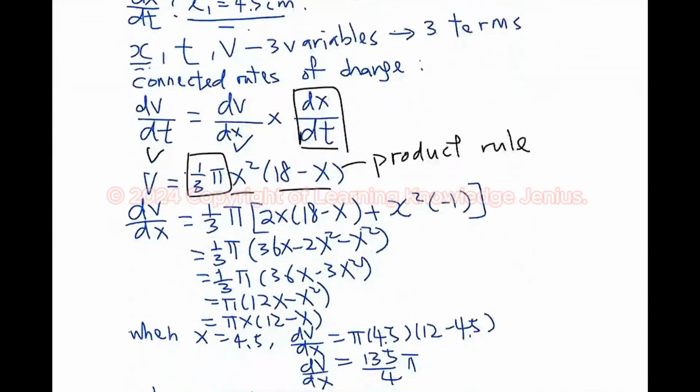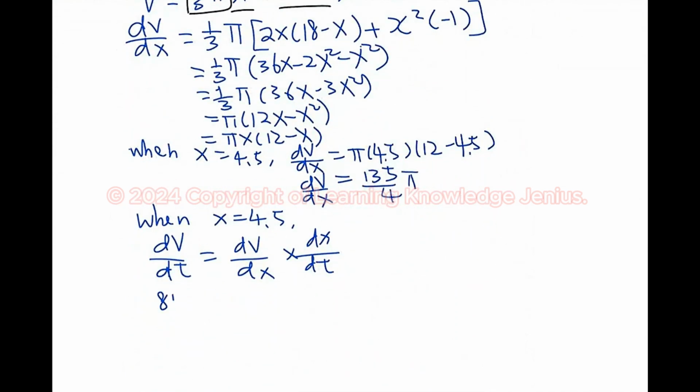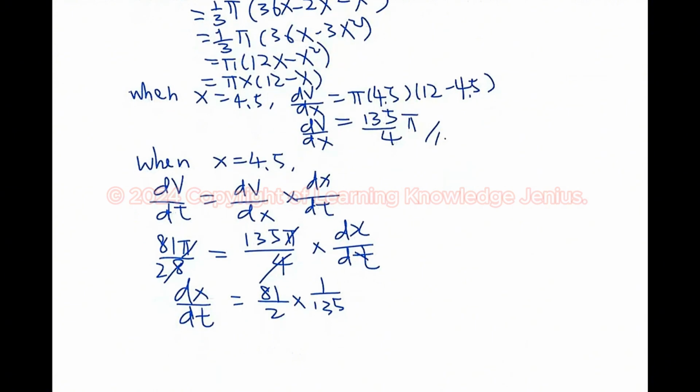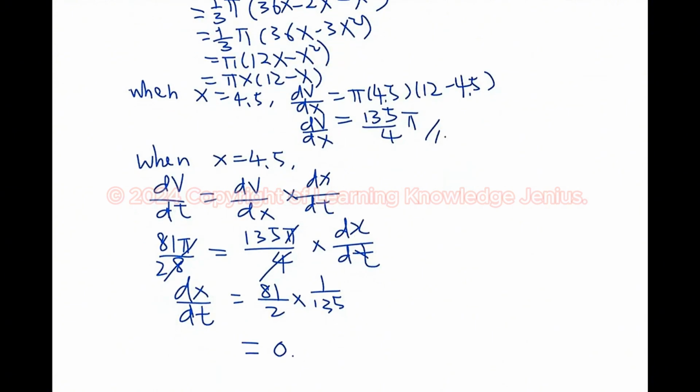So I just copy it and write here: 81 pi over 8 is equal to the dV/dx we have found here, multiplied by dx/dt. Rearrange them and simplify, you can get dx/dt is equal to 81 over 2. You simplify the answer, you will get this.